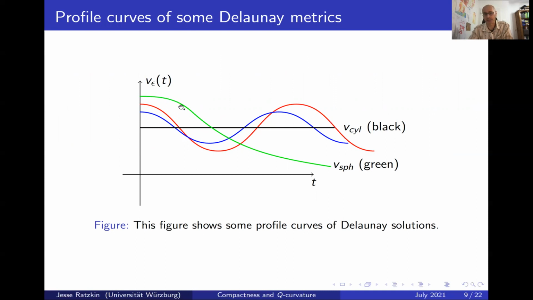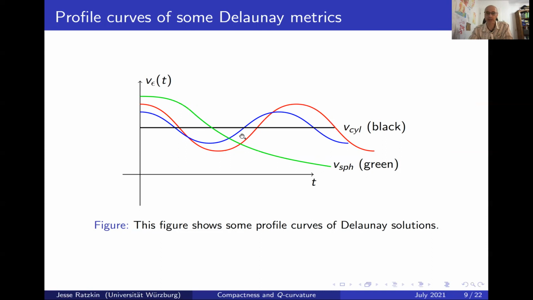In green, we see the profile of the spherical solution. This is just cosh to a negative power, and we see that it starts with a height of 1 at t equals 0, and then decays down to 0. The cylindrical solution is constant.